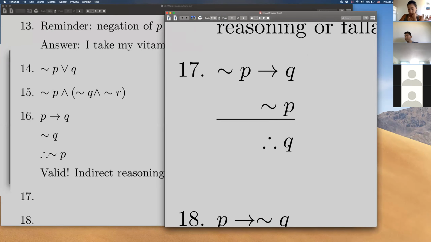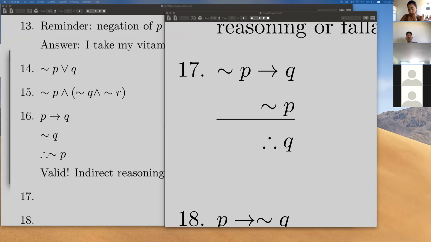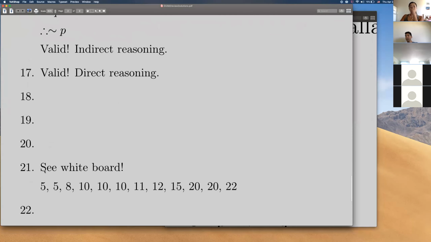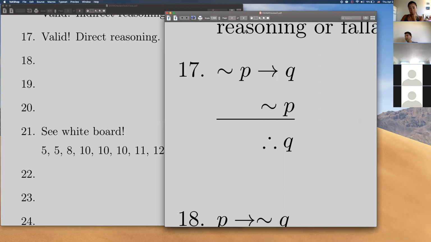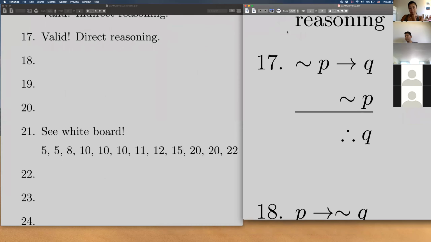And the other is the right side. So I went from left to right, that is direct reasoning. So that is valid direct reasoning. Does that make sense to you guys? Yes. Yeah. Okay.